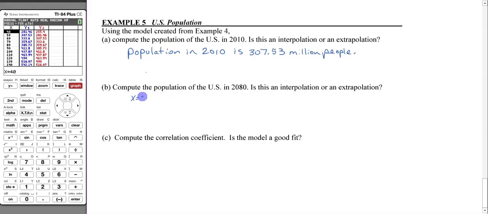So x equals 130, and we can see there 490. So the population in 2080 projected is 490 million people.